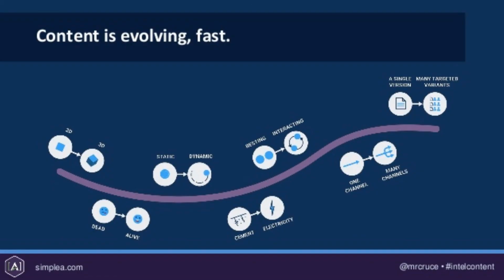So it's really going from dead to alive, from cement to electricity, and from one channel to many, many channels. That evolution is happening, and it's our architectures and our systems and our engineering that enables this evolution to happen. Because at the end of the day, it's only content in motion that matters.